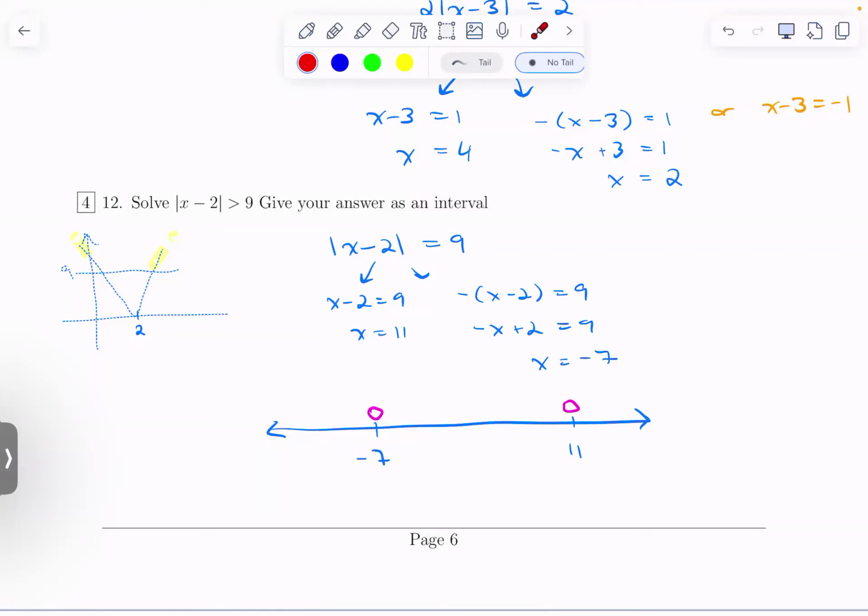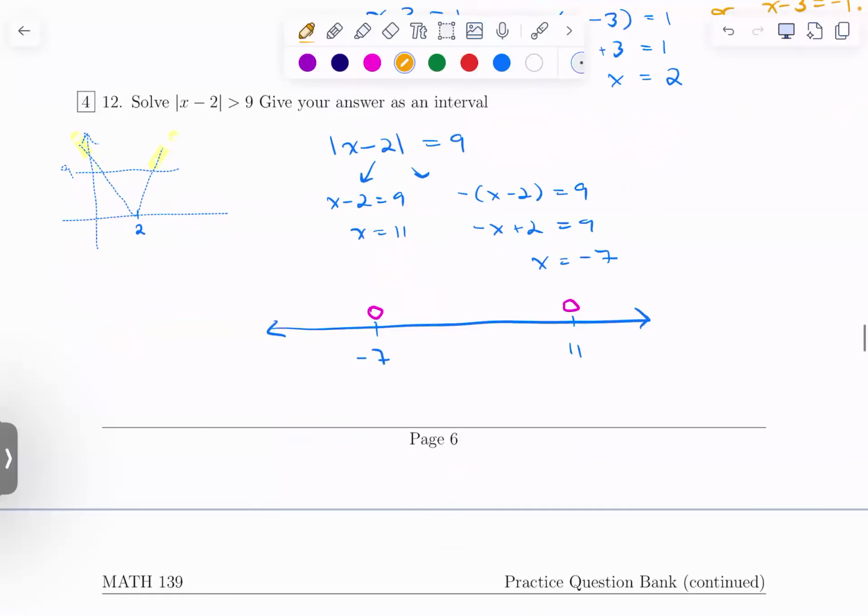Now, what we do is pick a value less than negative 7. Let's do negative 10. Any value, right? Then you can check the absolute value of x minus 2 is the absolute value of negative 10 minus 2.